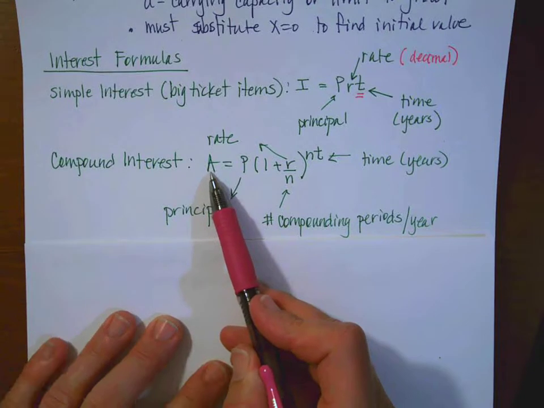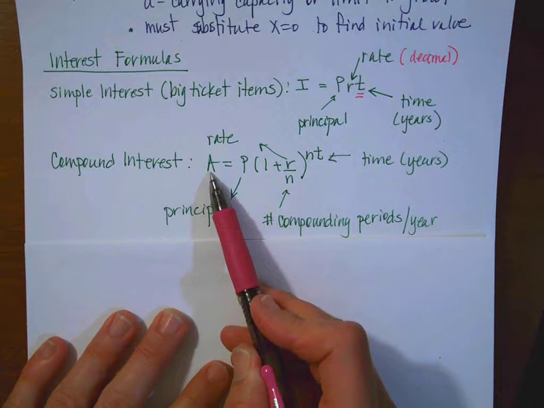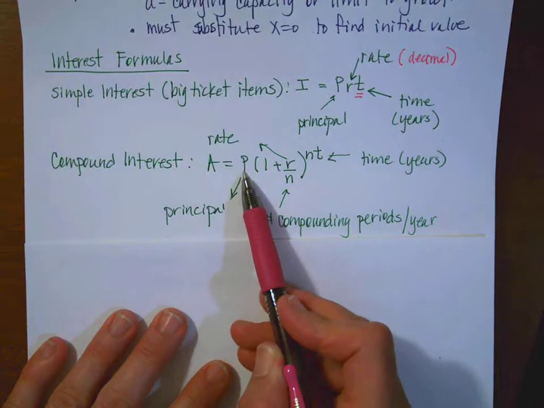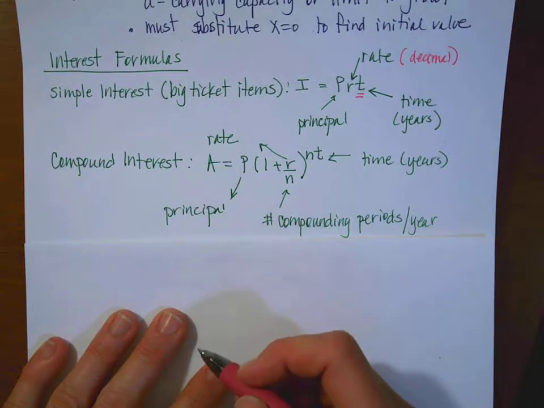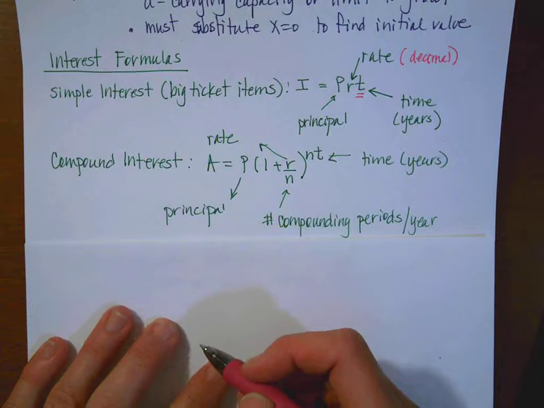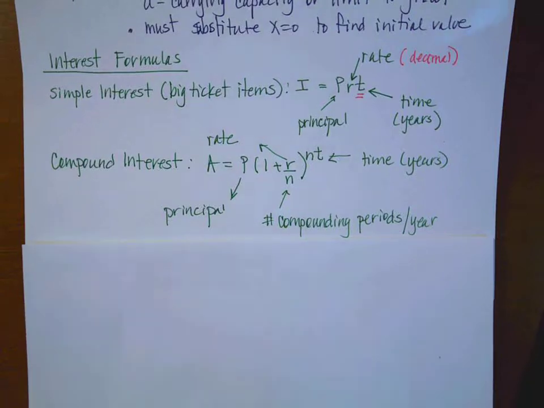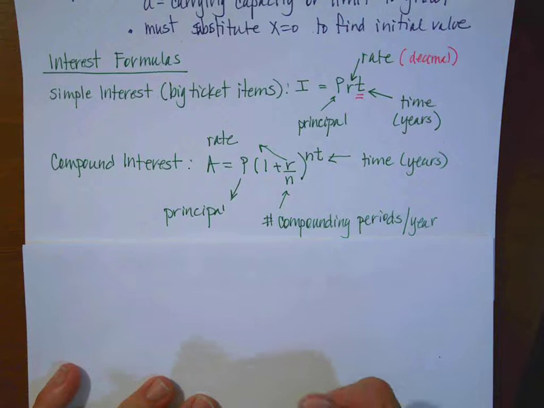I have A is equal to, A is the amount of money in the bank, which is your principal, plus the interest that you accrue every time. So compound interest is different than simple interest in that the interest gets added back to the principal.